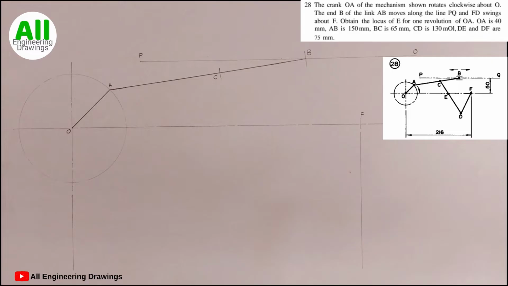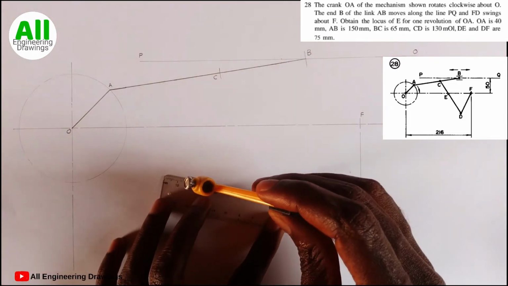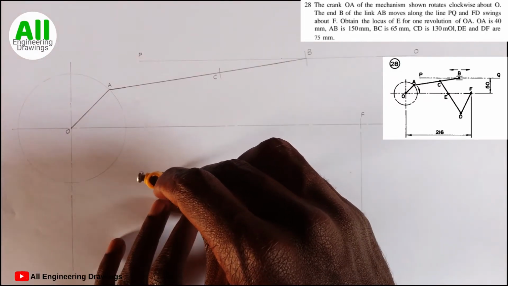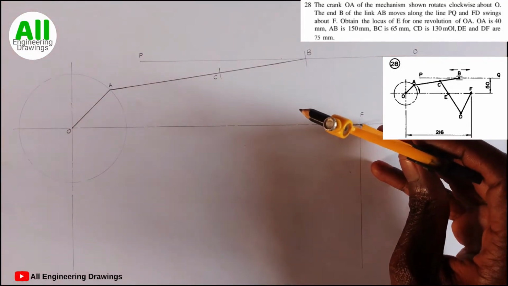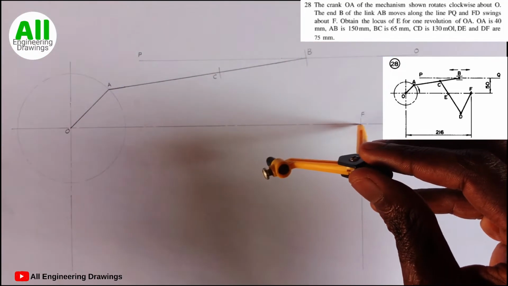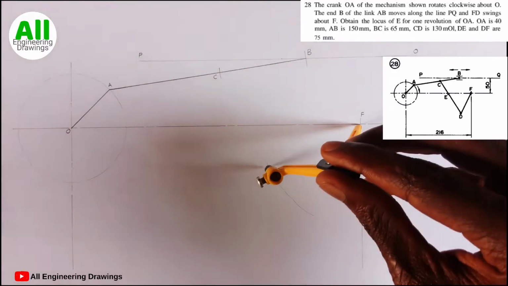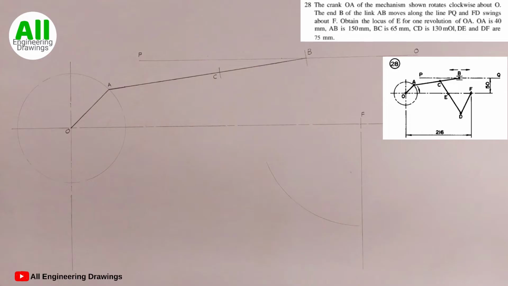To obtain point D, I will first cut an arc of radius 75 millimeter. That is, I will place the compass on point F here. Then I will cut an arc. After cutting the arc, I will adjust my compass to a radius of 130 millimeter, because the question says CD is 130 millimeter.